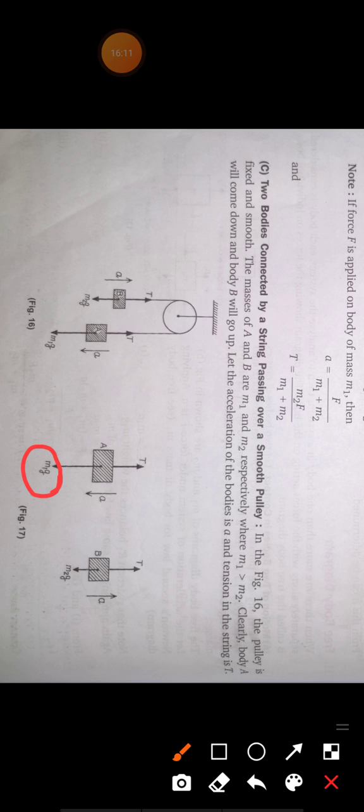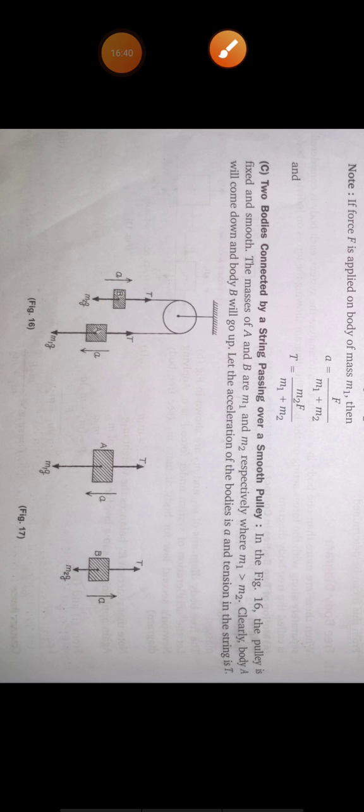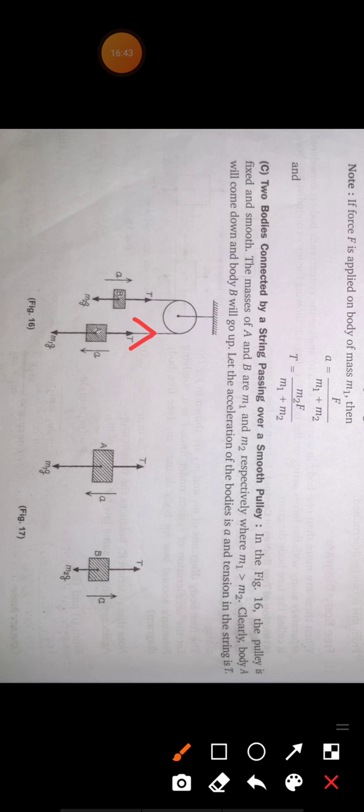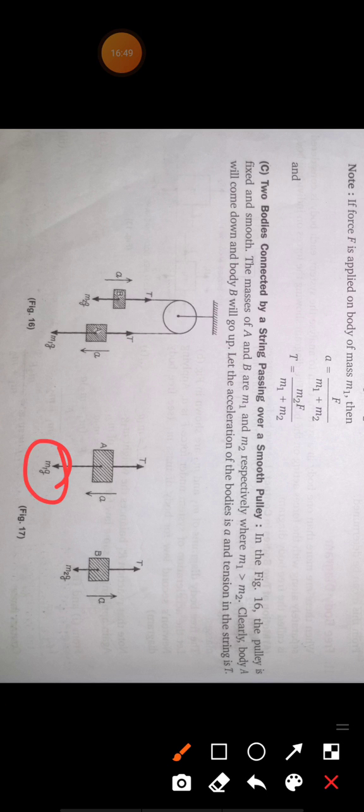Body A will feel the tension along the upward direction, because it feels that M2 is trying to pull it upward. Similarly, the second body, M2, feels that M1 is trying to pull it upward. So for both bodies the tension is along the upward direction. Gravity attracts the first body with force M1G, and the tension is along the upward direction.